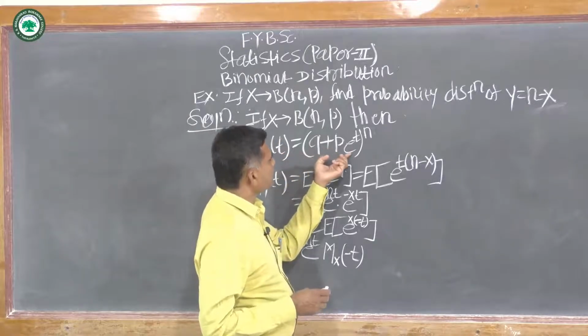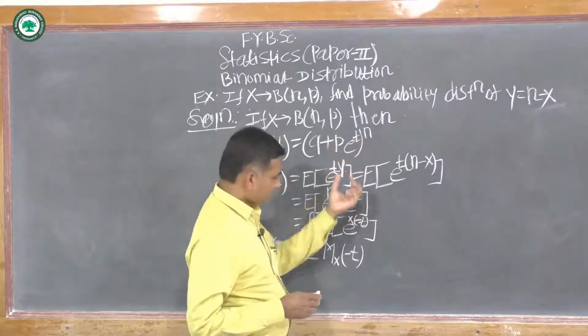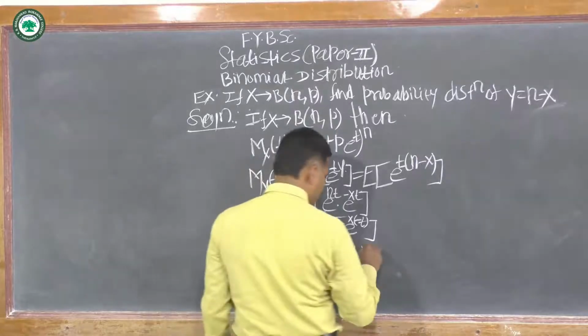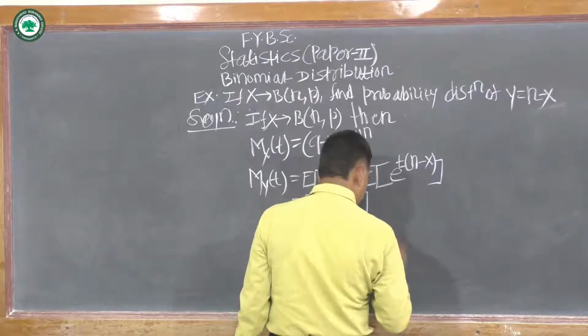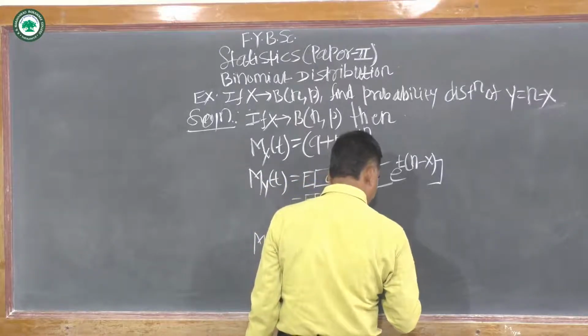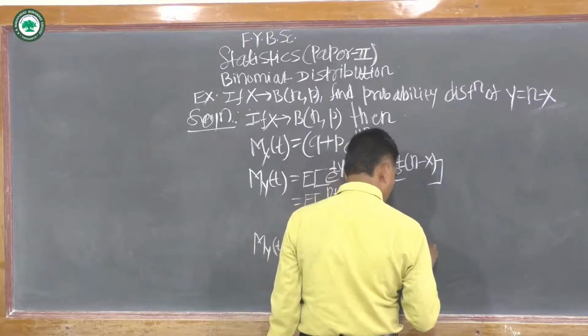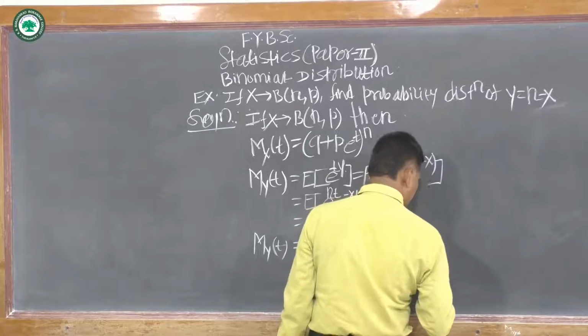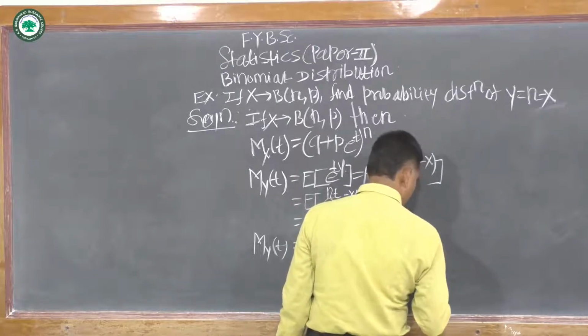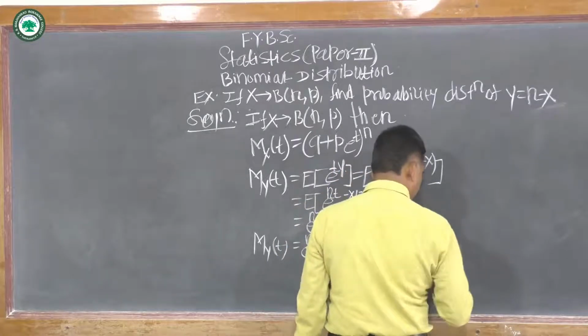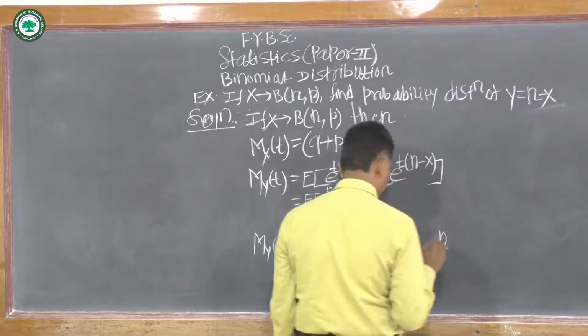Then we know that the MGF of random variable X is (q plus p e raised to t) raised to n. Here it is MX of minus t. Now this can be written as e raised to n t into (q plus p e raised to minus t) raised to n.